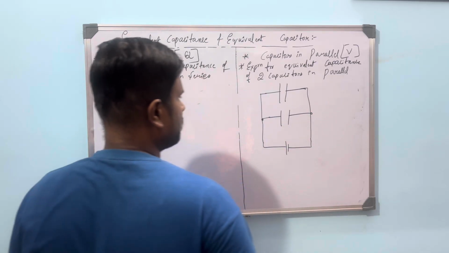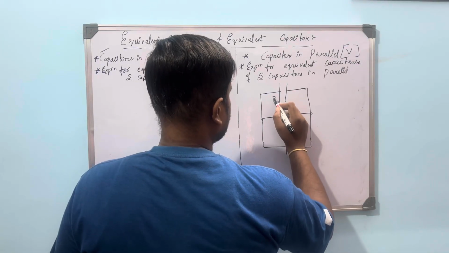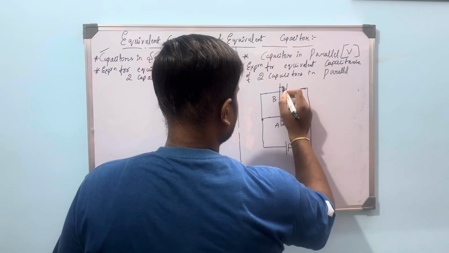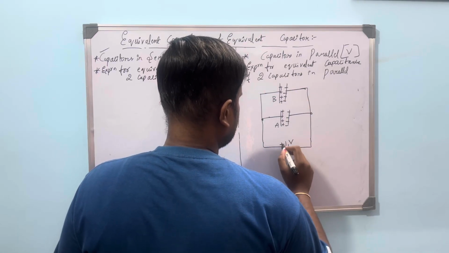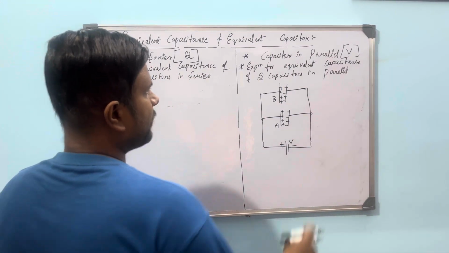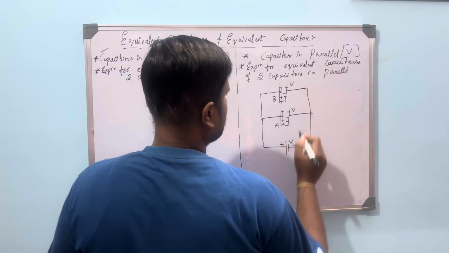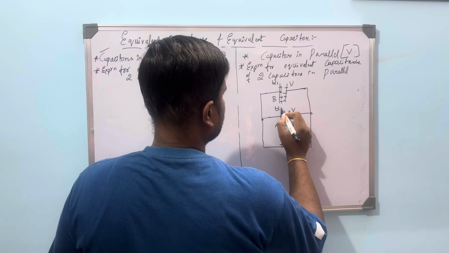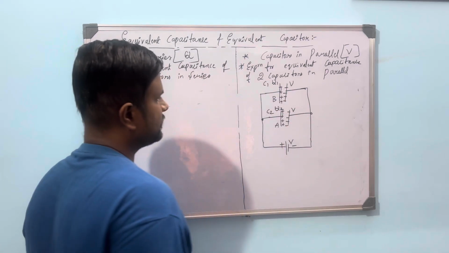Call these capacitors A and B, with plus and minus charges, and it has the potential V. Here the potential remains the same, so here also V, here also V. The charge here is Q1, here Q2, and the capacitance is C1 and C2.